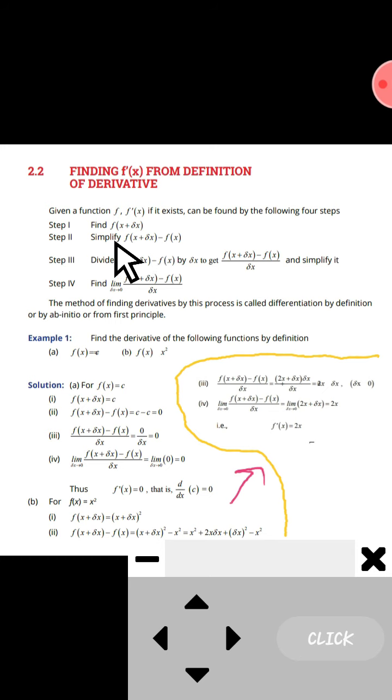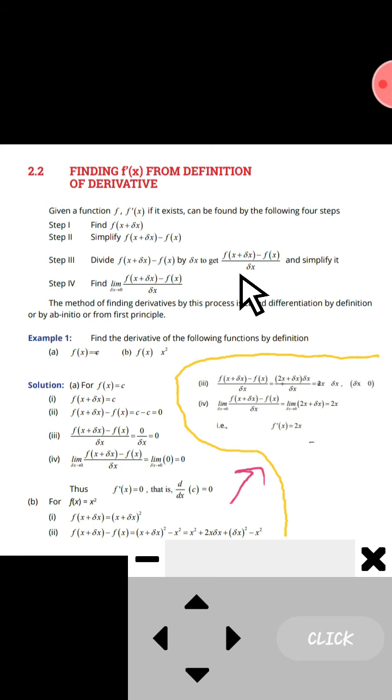We have step 3. In step 3 we will divide this whole expression by delta x to get f of x plus delta x minus f of x upon delta x, and then we will simplify it.